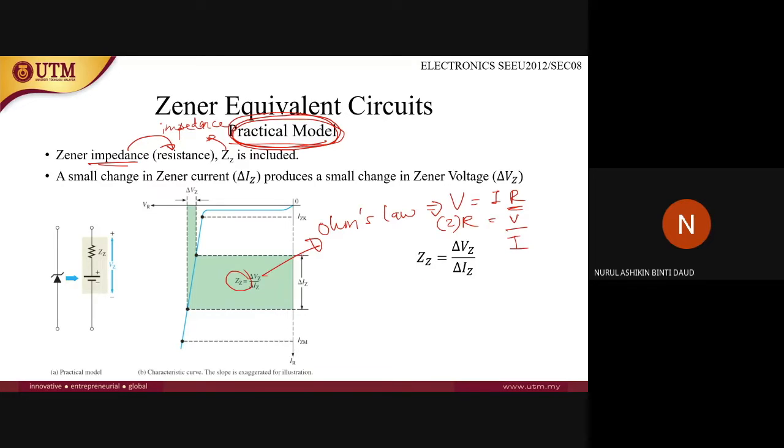So these are the changes of current from this point to this point, and the changes of voltage from this point to this point.